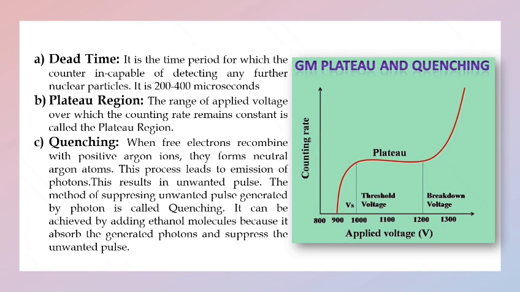Dead time is the time period for which the counter is incapable of detecting any further nuclear particle. The dead time for GM counter is 200 to 400 microseconds. For a short time after each pulse, the tube cannot detect another particle. This is nothing but dead time.